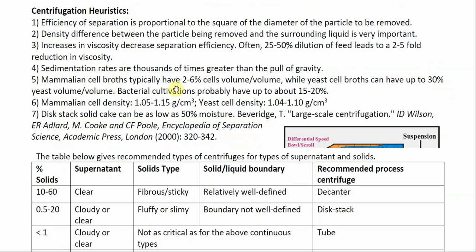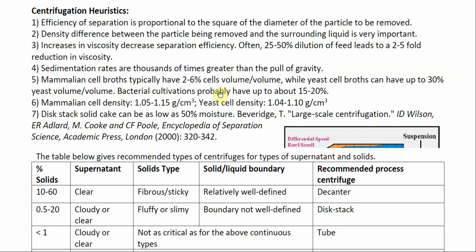Mammalian cell broths typically have 2 to 6% cell volume per volume, while yeast cell broths have up to 30%. So the viscosity of the mammalian cell broths we would expect to be about the same as water, whereas with yeast you have a lot more volume being taken up by the actual solids.